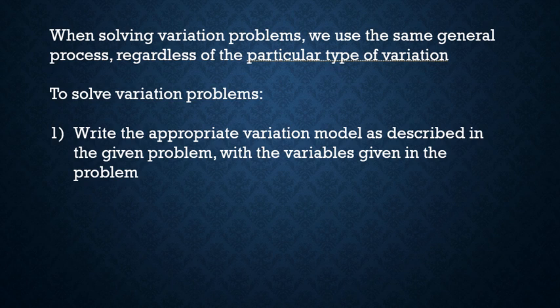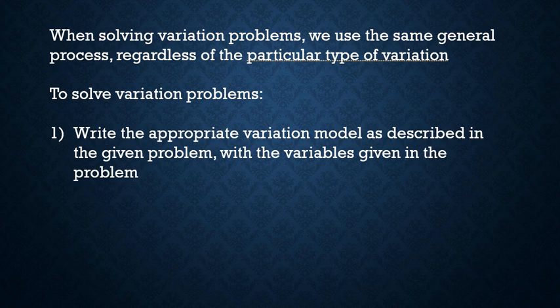That hurdle being using the wrong variation model based on what the problem says. If the problem says varies directly with blank, then that's a direct variation model. If it says varies inversely with, then use that model. Or if it says varies jointly with blank and blank, then there's another multiplication type of thing happening in there.